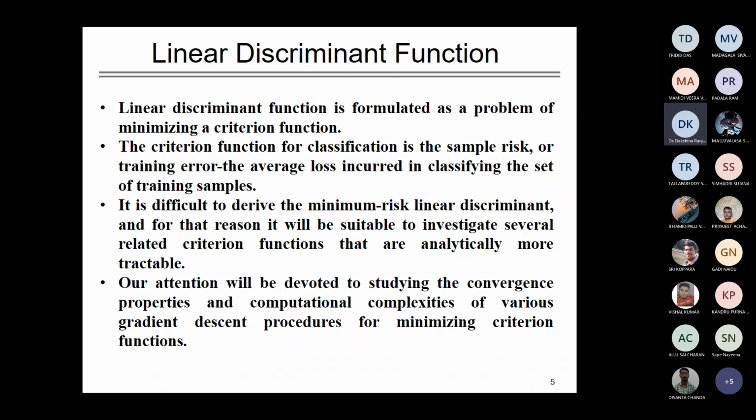That means when we train the model or the classifier with training samples, we can estimate the training error, and this training error becomes the criterion function for classification. Now it is difficult to derive the minimum risk linear discriminant, and for this reason it is suitable to investigate several criterion functions that are analytically more tractable.